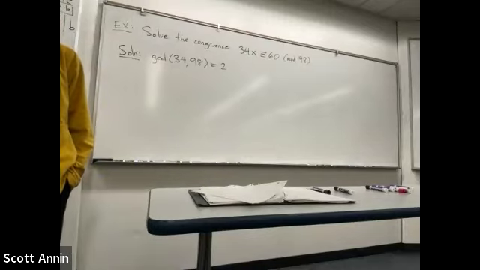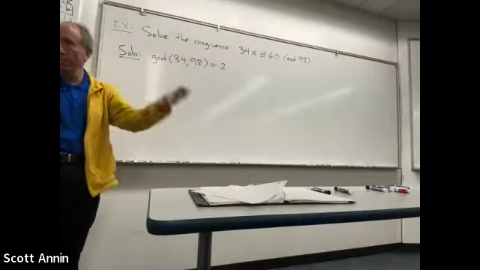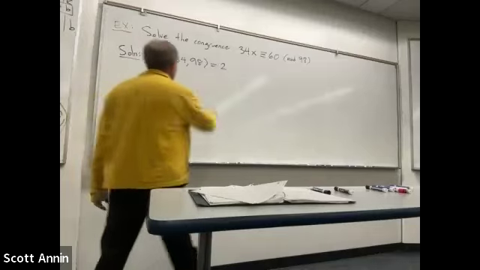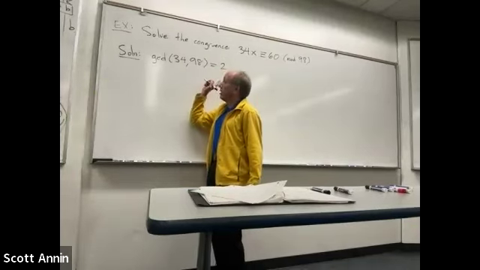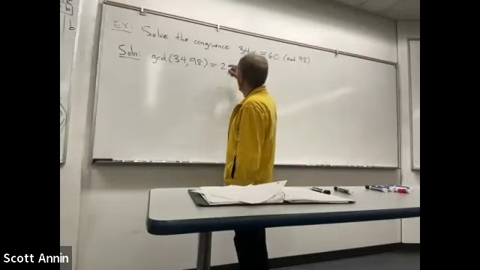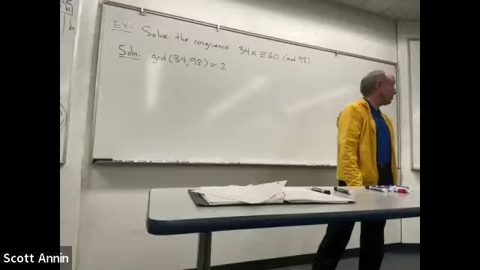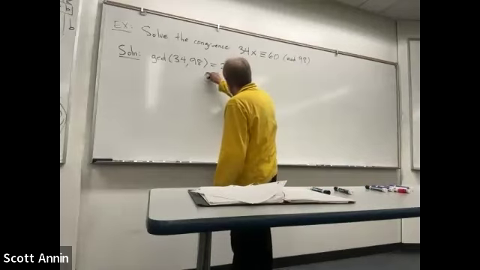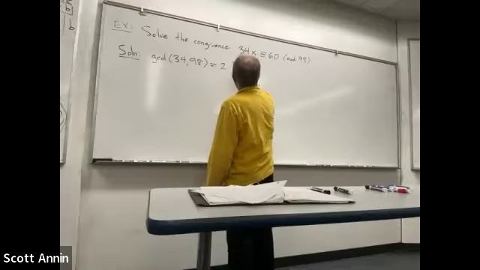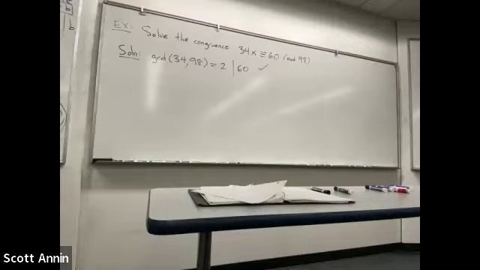Of course, if you don't know what the GCD is just by glancing at it, then we have our whole Euclidean algorithm that we can use to come up with that GCD. And in fact, we are going to need that Euclidean algorithm anyway, as you're going to see in the solution. But for the moment, I'll just take it for granted that this is equal to 2. And sure enough, that does divide 60. So d does divide b, and we would be expecting 2 incongruent solutions mod 98.